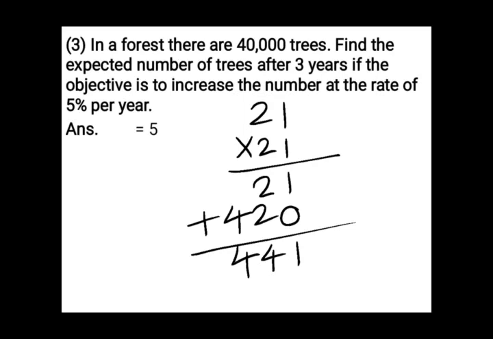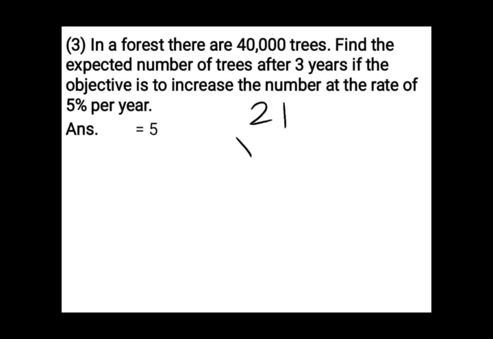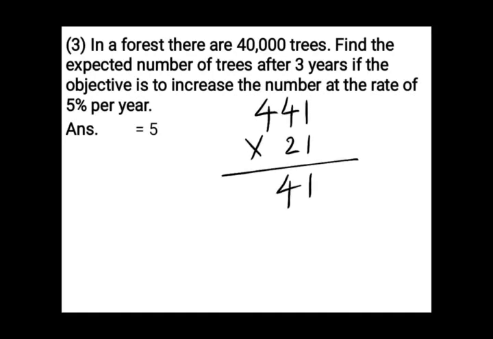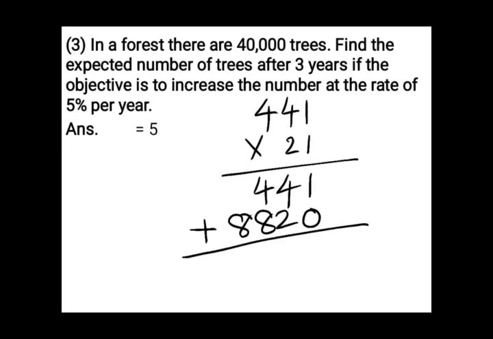That is the third 21 number. 1 ones are 1, 1 fours are 4, 1 fours are 4. 2 ones are 2, 2 fours are 8, 2 fours are 8. 1 plus 0 is 1, 4 plus 2 is 6, 4 plus 8 is 12, 1 plus 8 is 9.